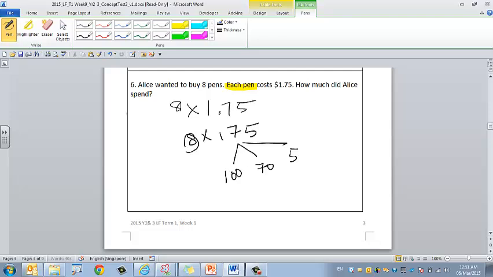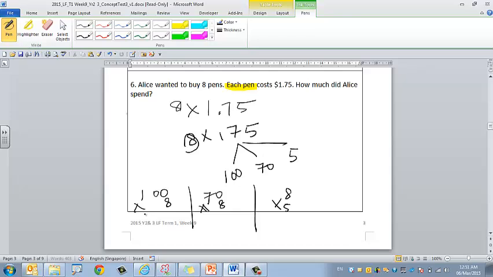Okay, now we will multiply. So 100 times 8, 70 times 8, and 8 times 5. Okay, so whenever you see the 0, copy the 0. 8 times 1 is 8.